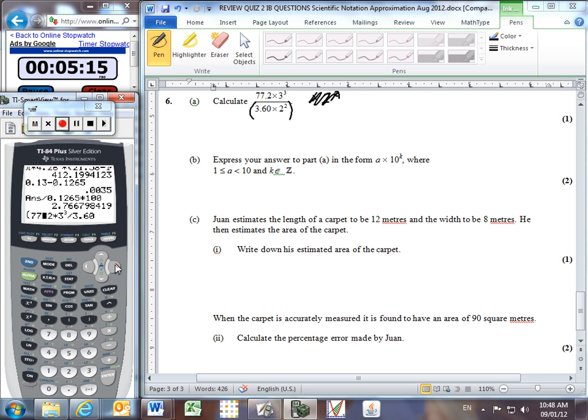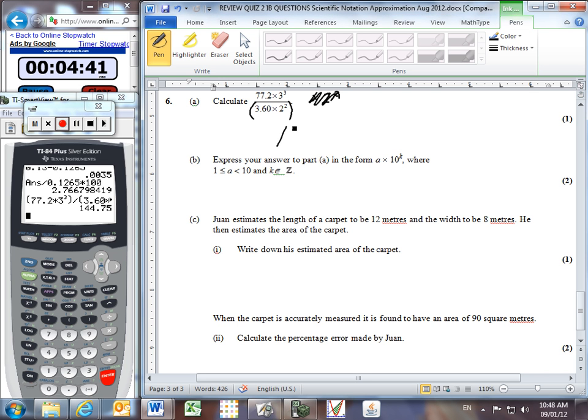But as soon as I scroll over, it goes back to its regular cursor, and so we're going to need to again go to the insert cursor if we want to put in the right parentheses. As soon as I scrolled over, it's again the regular cursor, so insert. There we go. And now I can finish my denominator with confidence that I'm not going to end up with a mistake. So times 2 squared. Close the parentheses, and our answer is 144.75.